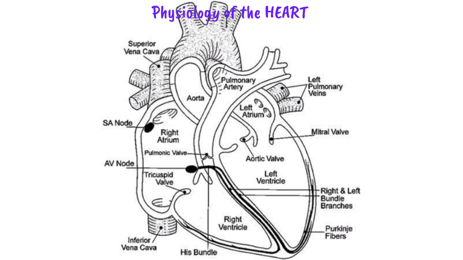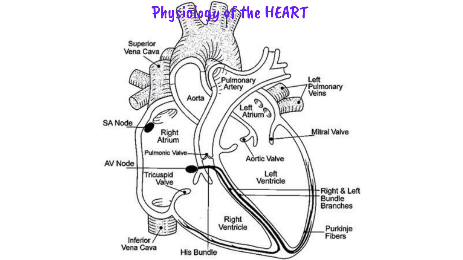Now let's go through that again. Firstly, the atria contract first, pushing blood into the ventricles. Then the ventricles contract, pushing blood out of the heart. After that, the heart relaxes for a brief moment before the next beat begins. This cycle is called the cardiac cycle, and it happens about 60 to 100 times per minute in a healthy adult.